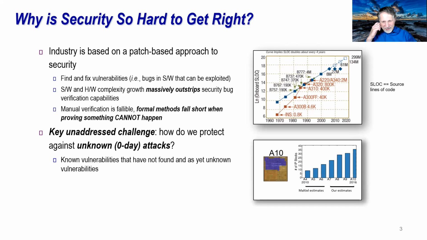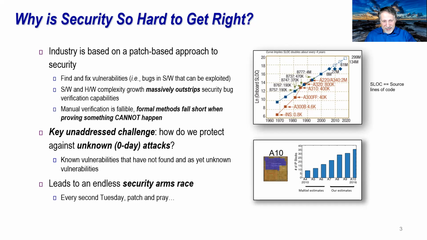So the big challenge we have is how do we find and fix vulnerabilities before attackers find them? That really requires formal methods, but that is difficult because we have to prove that something doesn't exist from a wide range of vulnerabilities, including vulnerabilities that have not yet been invented. Those are the hardest ones to find and fix. And so ultimately we can't find and fix all of those.